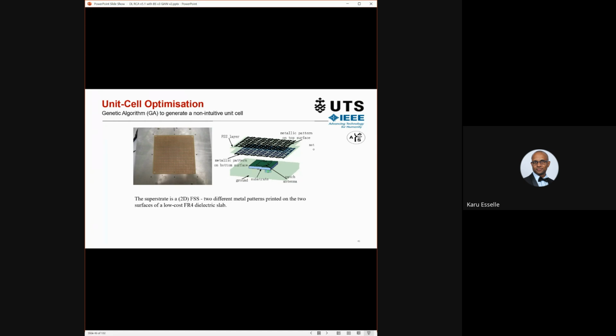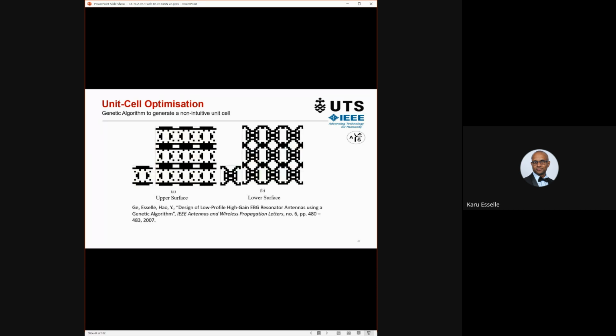We're trying to optimize the metal pattern on both sides, independent. So they have independent patterns. For this one, we actually got the genetic algorithm to try different patterns and come up with the best pattern. So this is the pattern it came up with.